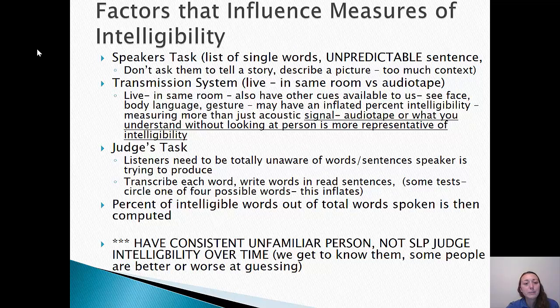So the most basic way of doing this is the percentage of intelligible words out of the total words, and you provide that percentage. And don't just provide the percentage, provide the raw data too. It's just like if you're reading a research article and they said 90% of speech pathologists agree with this statement. Well, if it's only 9 out of 10 people, that doesn't give a lot of weight compared to 900 out of 1,000 speech pathologists.